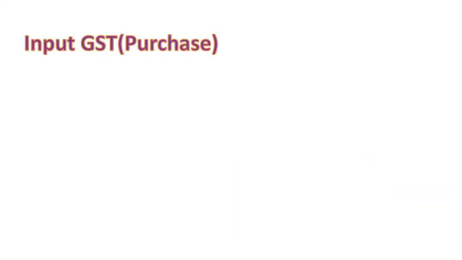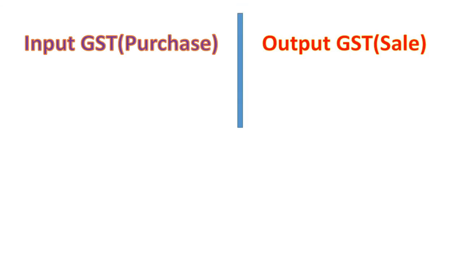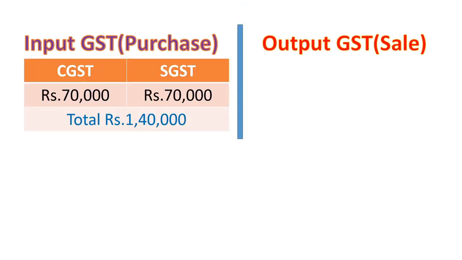Now the next part is overall GST calculation. We will see the input GST and output GST from our problem. Here are the figures. On purchase of CCTV, we have paid 70,000 as CGST and 70,000 as SGST. That is, total we have paid 1,40,000 as GST amount.